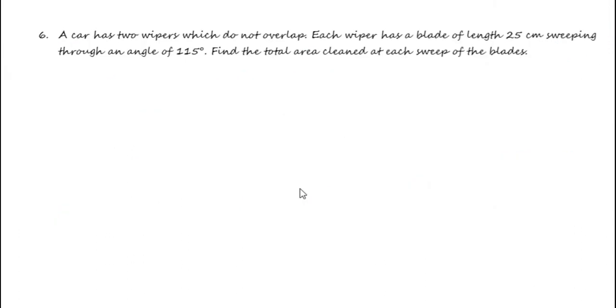Next problem. A car has two wipers which do not overlap. Each wiper has a blade of length 25 centimeter sweeping through an angle of 115 degrees. Find the total area cleaned at each sweep of the blade. So there are two blades.